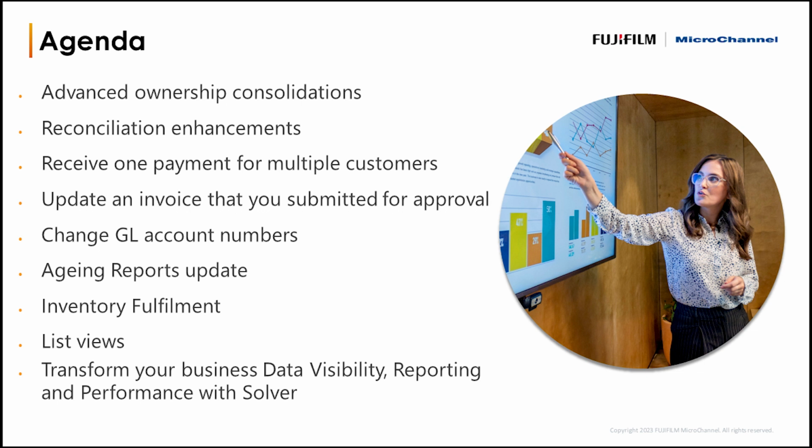Another feature is where we can receive one payment for multiple customers. We can update a supplier invoice that has been submitted for approval. Change general ledger account numbers where you have an account number and you want to change it. It's a great feature.